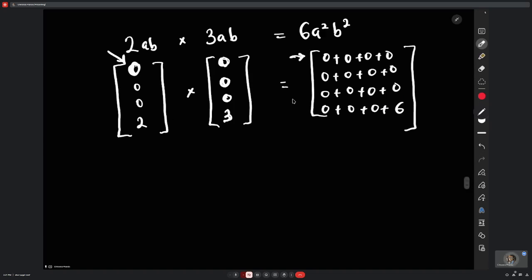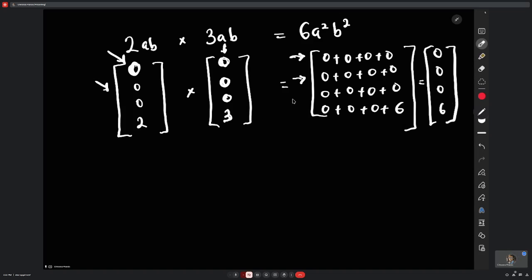Then for the second one, we use it to multiply all the elements here to get this one. Does it make sense? Okay. So basically the same thing. If we add all of them together, what are we going to get? 0, 0, 0, 6.